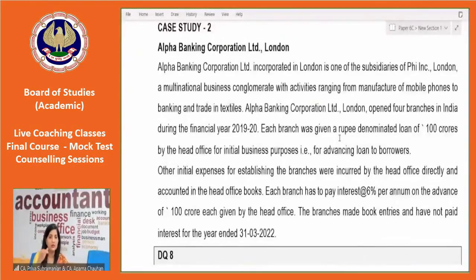The residential status of the branch also depends on the residential status of the foreign company. The foreign company here is a non-resident, and the branch would also become non-resident. So it had given a rupee-denominated loan to the branches for advancing loans to the borrowers.